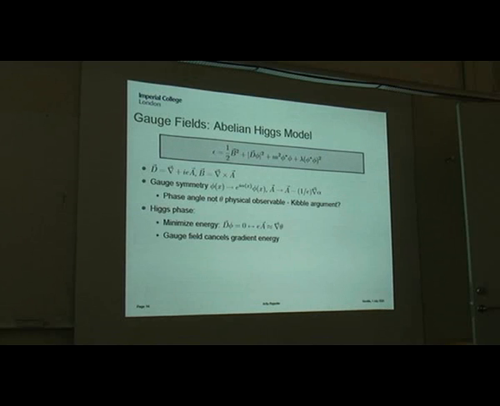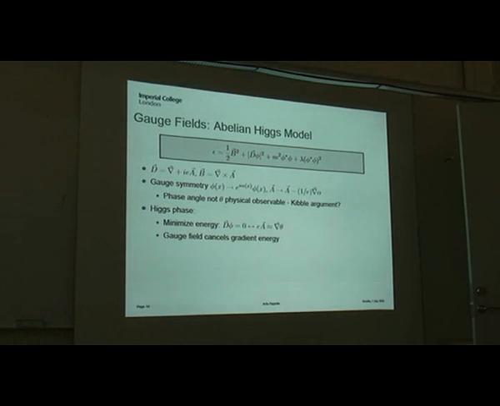So if we add a gauge field, the energy density for a static configuration would look like this. You have the magnetic field, that's just B squared, and the gradient term gets replaced by the covariant derivative, which involves the gauge field.